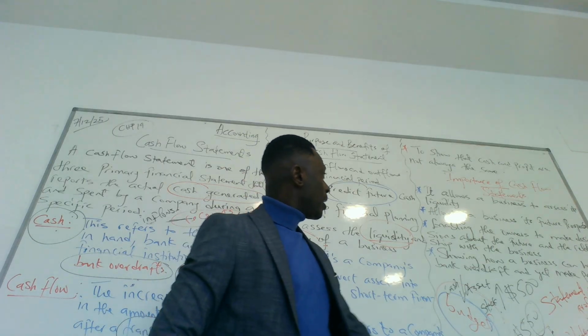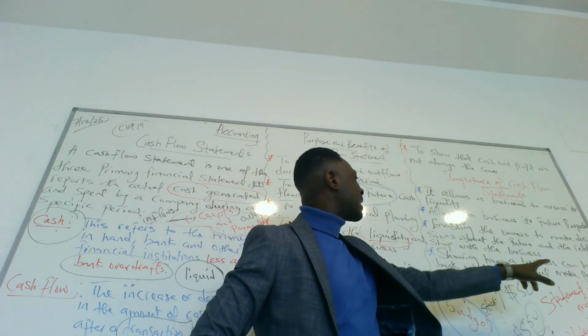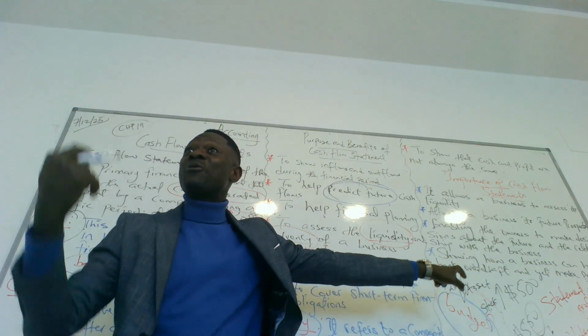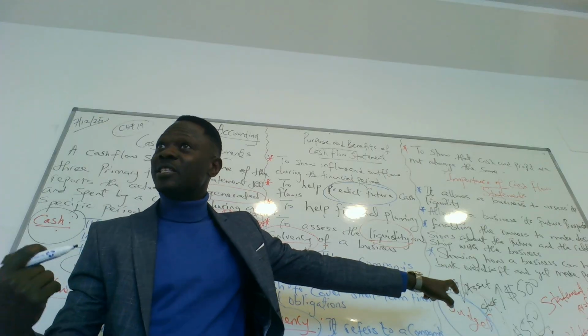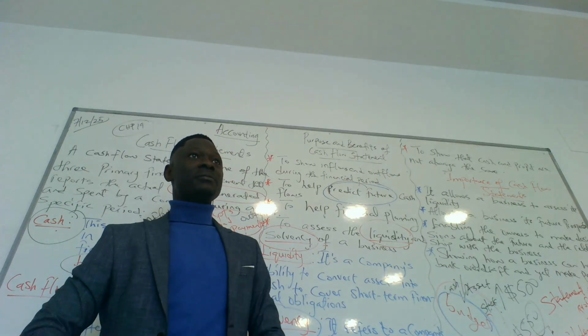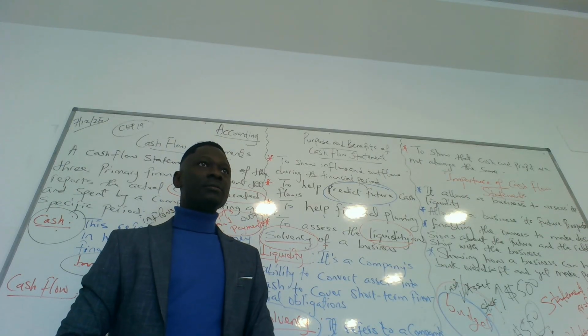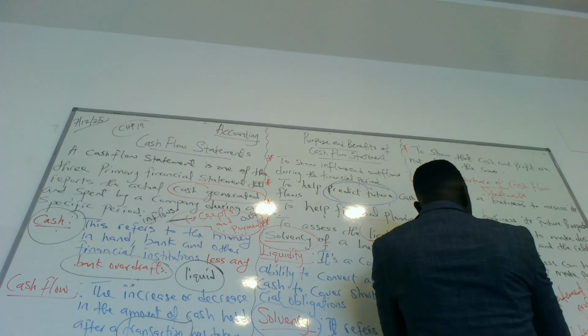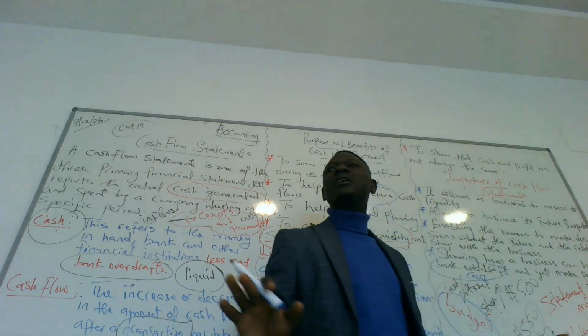Clear? The next one, showing how a business can have a bank overdraft and yet make profit. Yes, you can still have a bank overdraft, you can still have your creditors and still make profit. So that's why we said a bank overdraft, cash, profit are not always going to be the same.